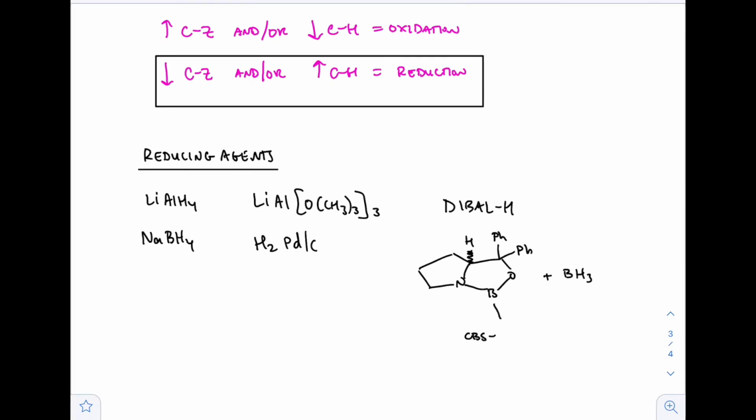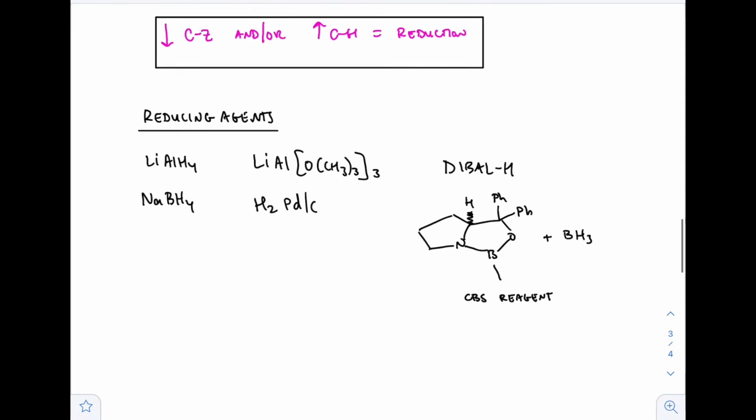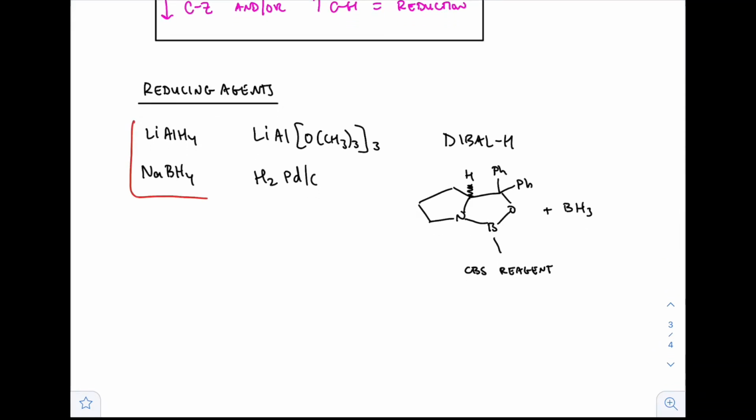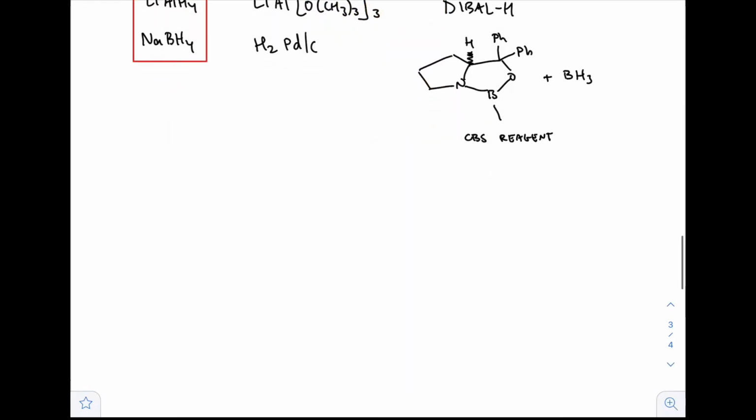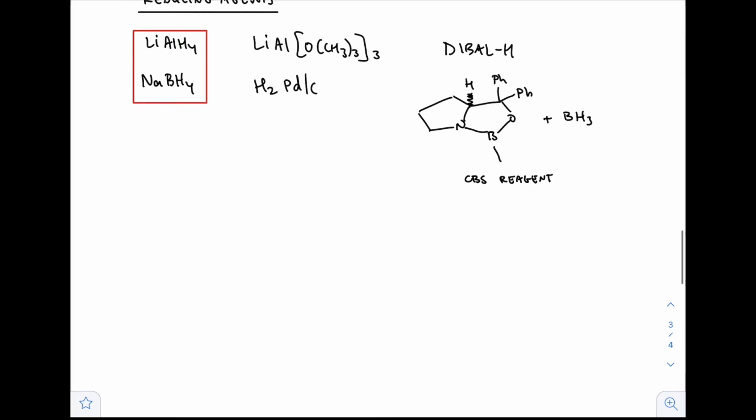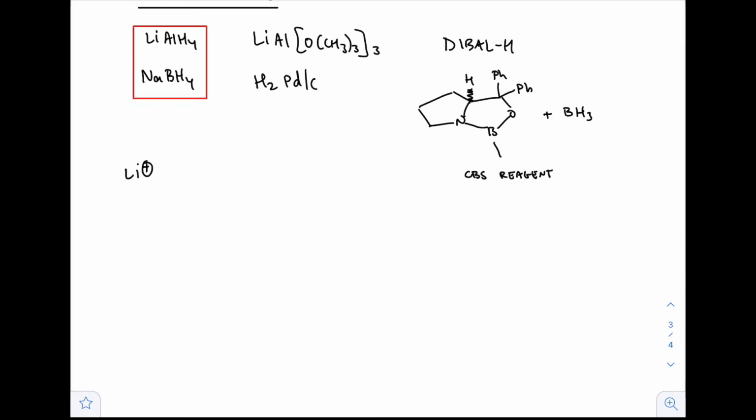So that BH3 is really just interacting with this oxazaborolidine, a CBS reagent, and it interacts with it in a manner that creates that enantioselectivity, or forces it to approach from one side of the carbonyl only.